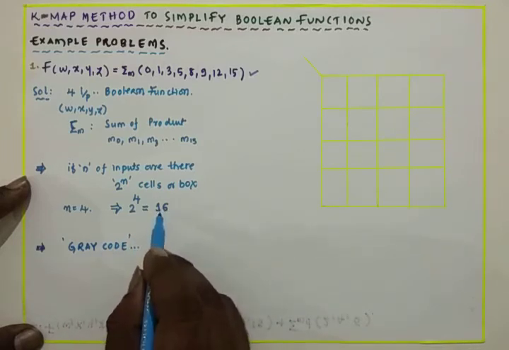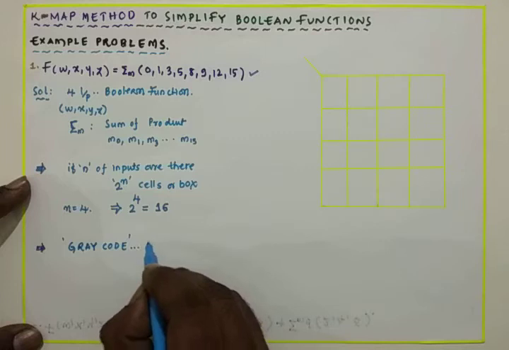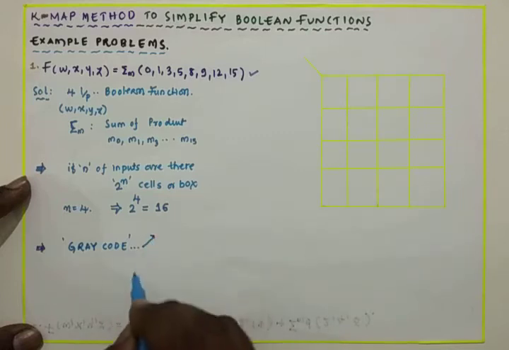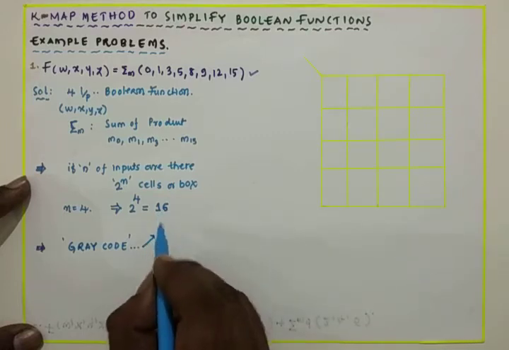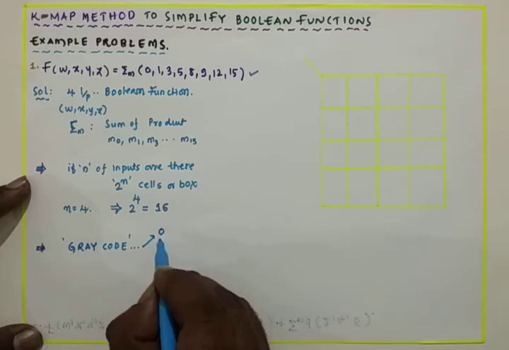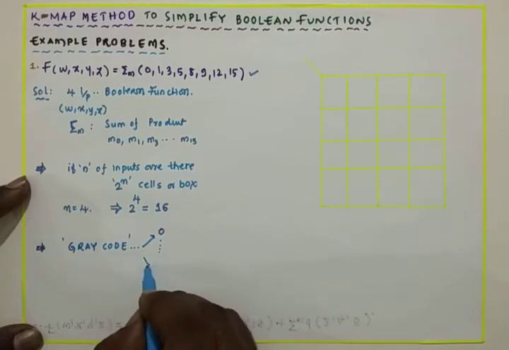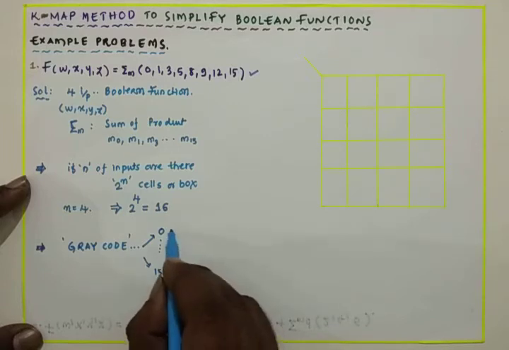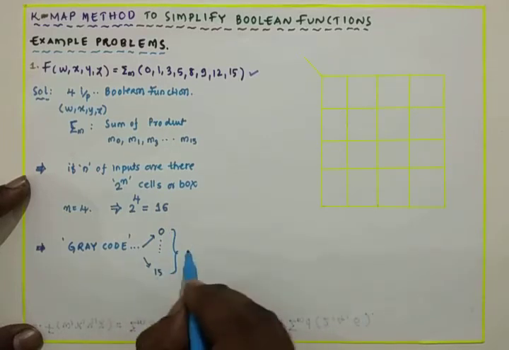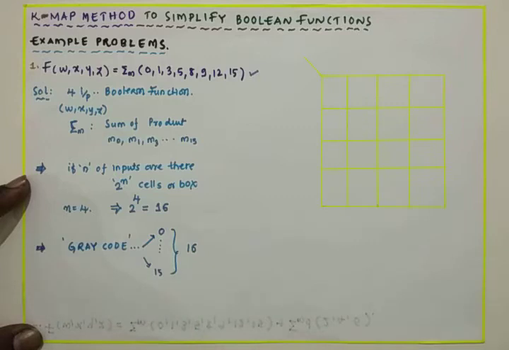How many boxes are there? 16 boxes, so we can give the numbering, a total of 16, from 0 to 15. 0 to 15 means the count is 16.